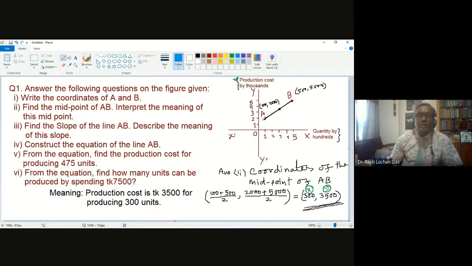So it is not given in the question. I'm just telling you, if you draw the line, and if you extend the line and it goes like this, then what do you understand by this point?